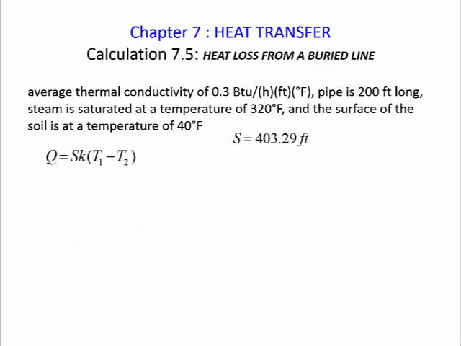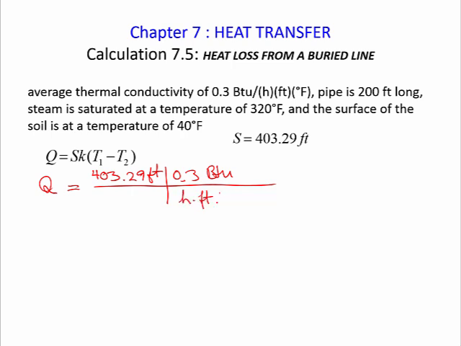Now we can calculate the heat loss Q equals 403.29 feet for shape factor multiplied by thermal conductivity, which is given to us as 0.3 BTU per hour per foot per degrees Fahrenheit, multiplied by T1 minus T2, which will be 320 degrees Fahrenheit minus 40 degrees Fahrenheit.